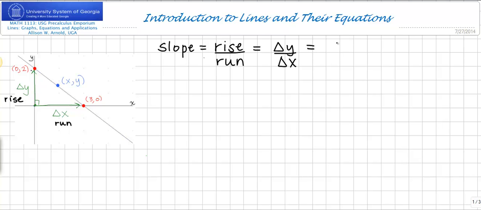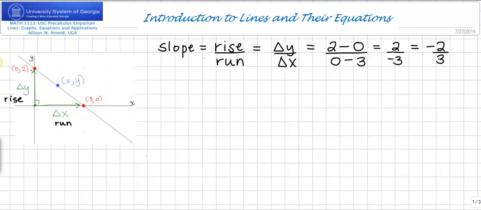When we do this calculation, either direction, y-coordinate minus y-coordinate, corresponding x minus corresponding x-coordinate, we get a value of 2 divided by -3, or -2/3.